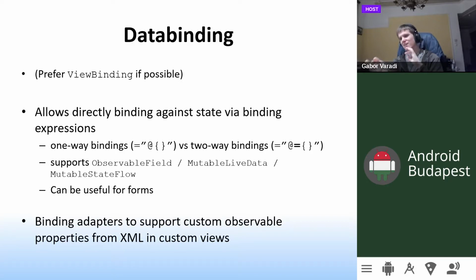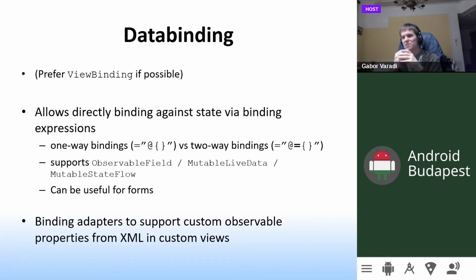One-way bindings notify you of changes when the view model state is changed, but the two-way binding, when you modify the view, would also directly write into the view model state from outside, which can be helpful even though it can look hacky. You need to expose mutable live data or observable field or mutable state flow from outside.